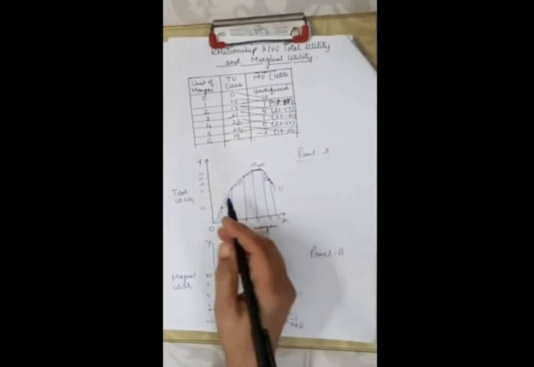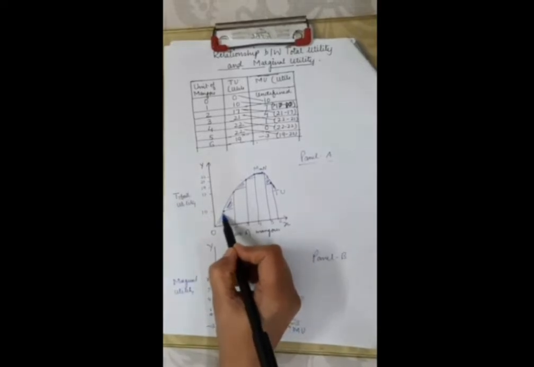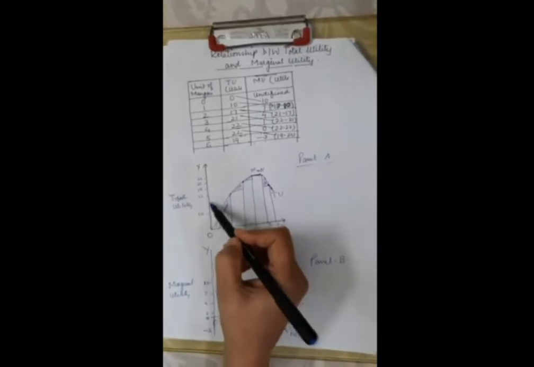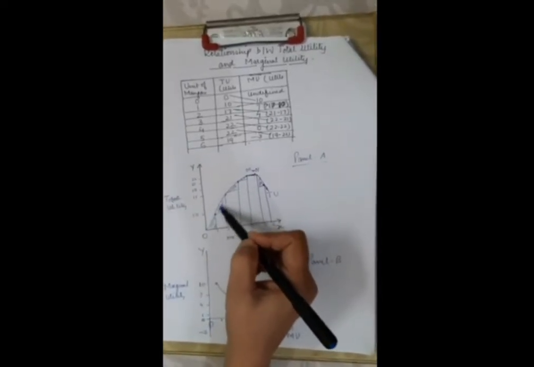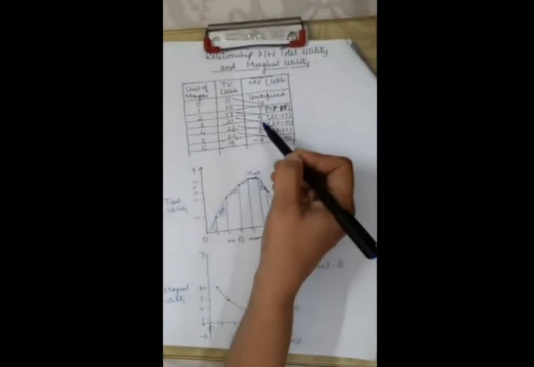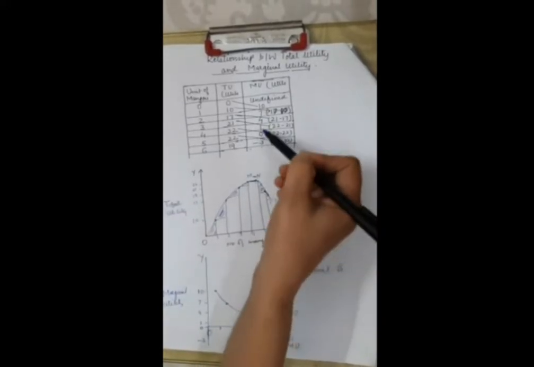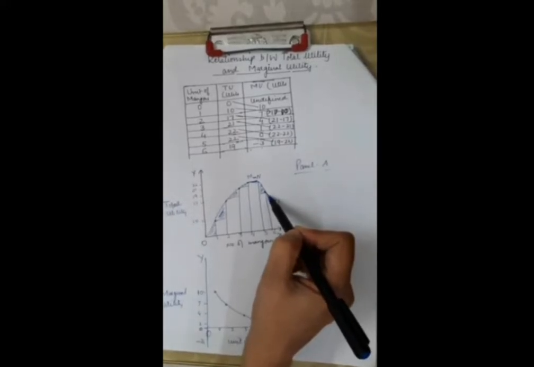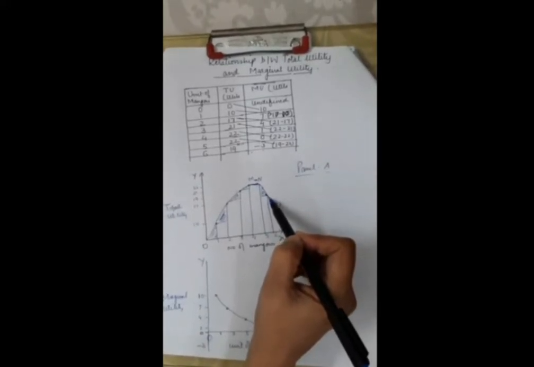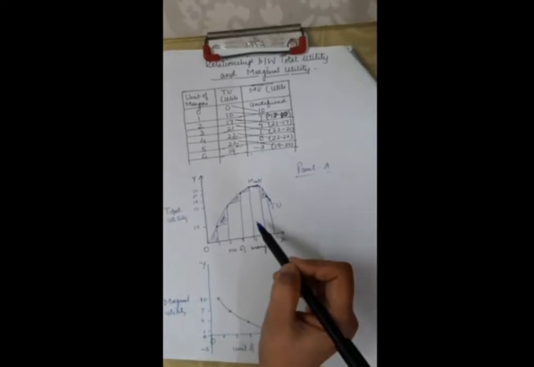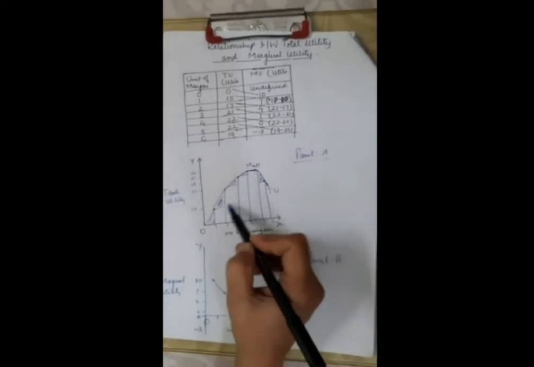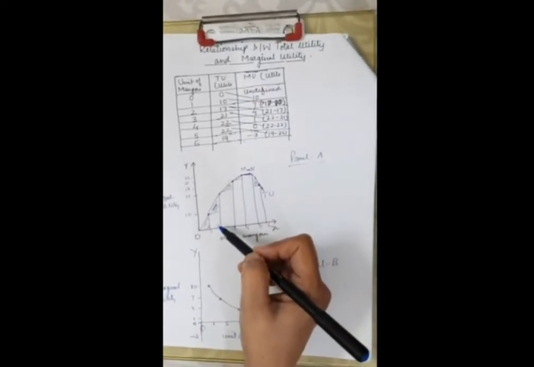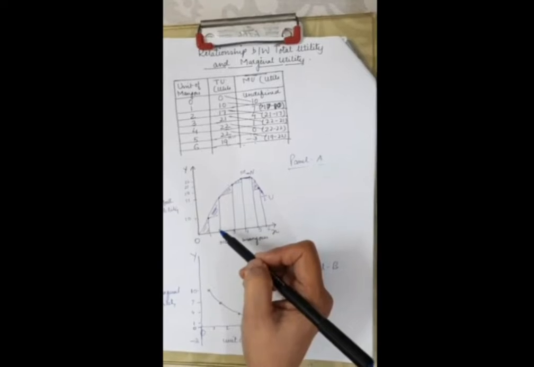Actually here the difference is 10 because the 10 utils were gained by the consumer, and then the gain of 7 utils is gained by the consumer, then 4, then 1, 0, none of it, and then -3. So what we see is that the shaded area in panel A shows addition to total utility in terms of marginal, that is marginal resulting from an increase in the consumption of mango.